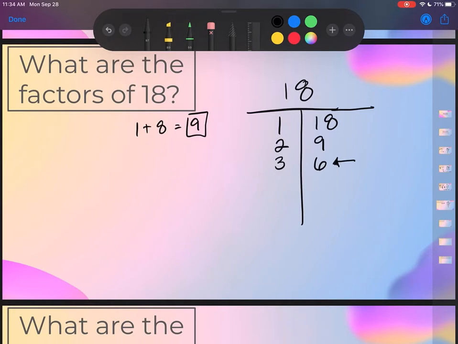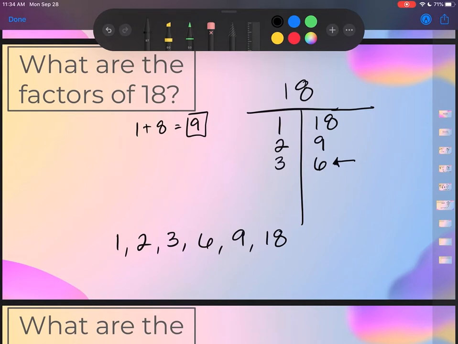So once they meet, once I start seeing the same numbers again, then I know I'm done. So my factors for 18 would be 1, 2, 3, 6, 9, and 18. Those would be all of my factors for 18.